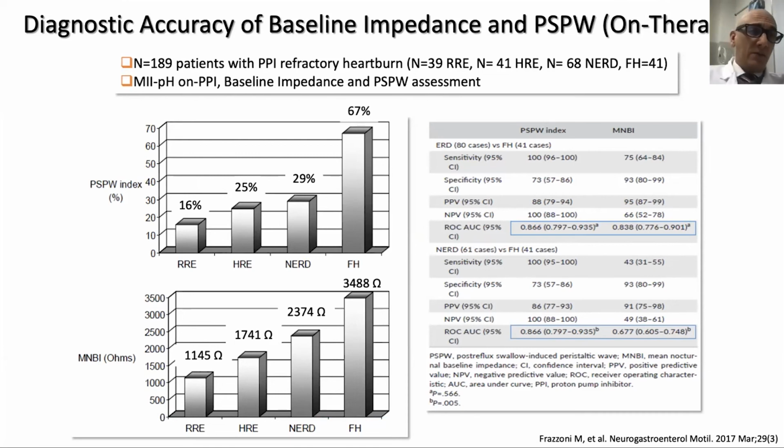So at on-therapy impedance pH monitoring, PSPW index and MNBI efficiently distinguish PPI refractory NERD from functional heartburn. And the PSPW index represents an independent predictor of PPI refractory GERD.